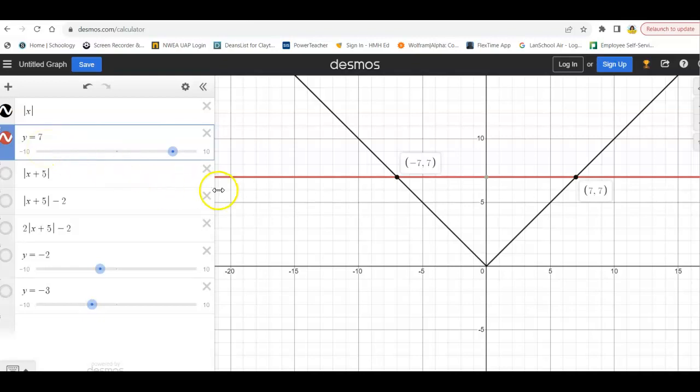Okay? So here we have the absolute value of x. That's this black graph. And our other graph is the constant function y equals 7. And you can see that here are the solutions to this particular problem.